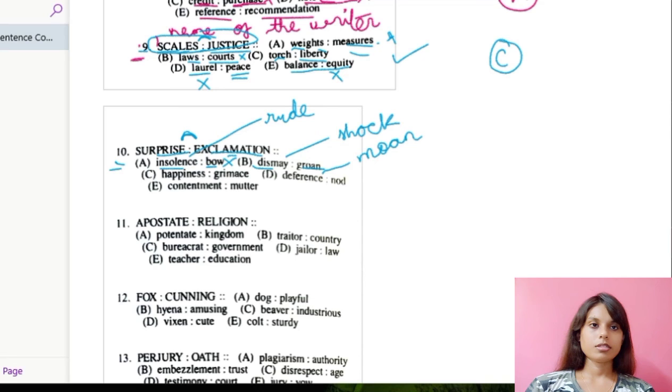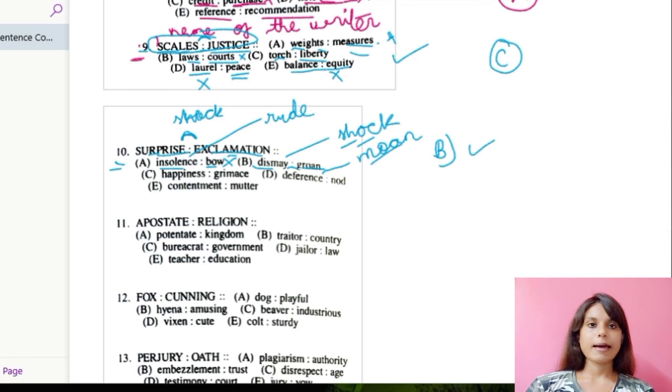So they are talking about shock only. So surprise and exclamation, if I talk about these two words, then basically the meaning is coming as shock. So here also they are talking about shock, and out of shock the person is moaning. So number B will go, but let us check whether there are better options there or not.